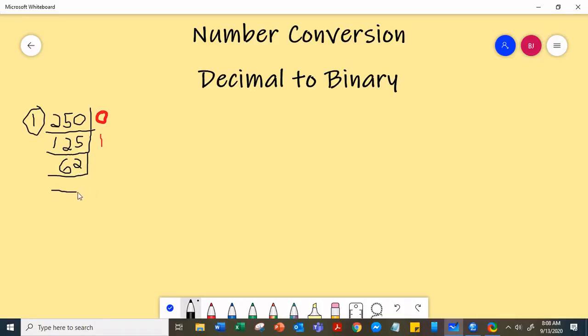We have 62 divided by 2 would be 31, remainder 0. 31 divided by 2 would be 15, remainder 1. 15 divided by 2 would be 7, remainder 1.